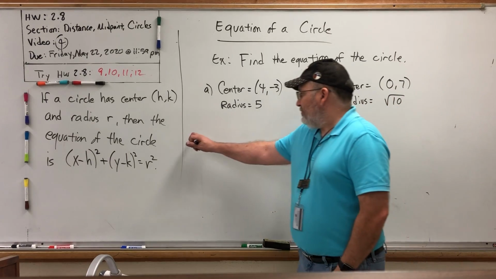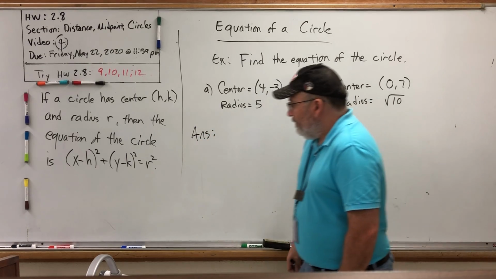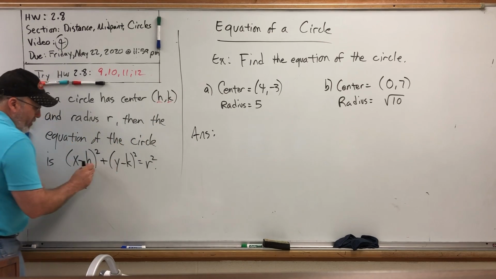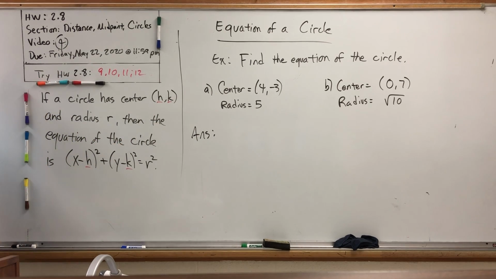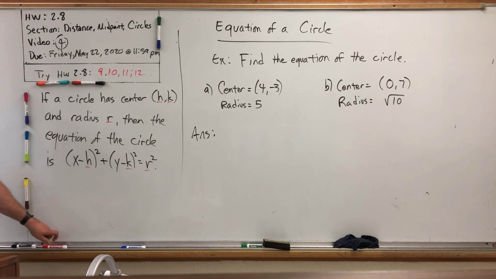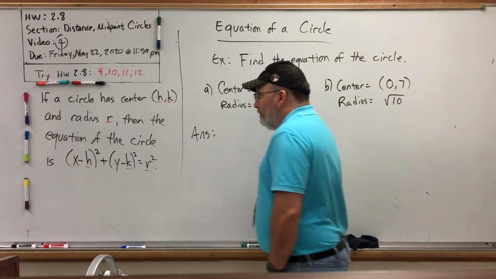To build the equation of a circle, start with the equation. There are 3 places we're going to insert values. The h and the k go after each subtraction sign, and the r gets squared on the other side of the equal sign. So one thing you can do is write this equation, but don't write h, k, or r.